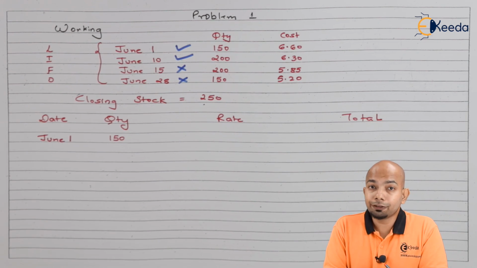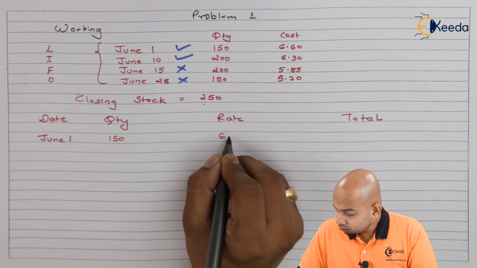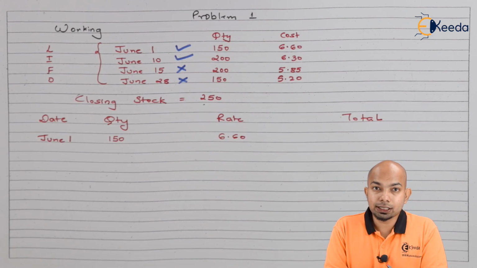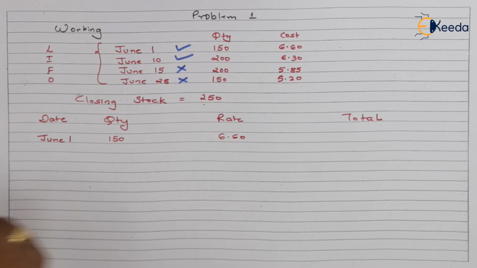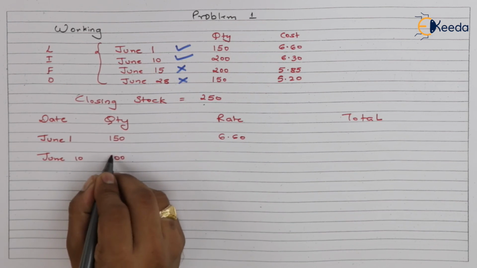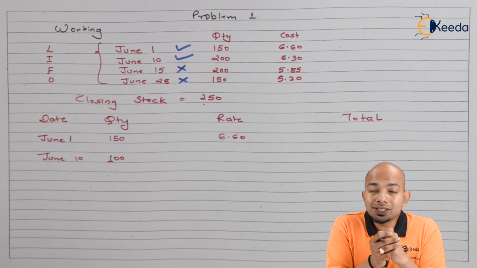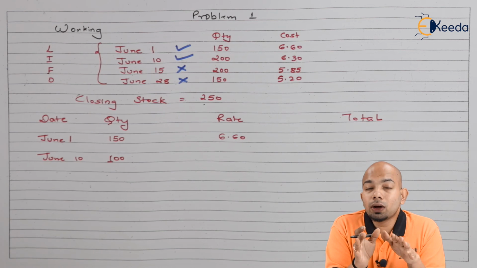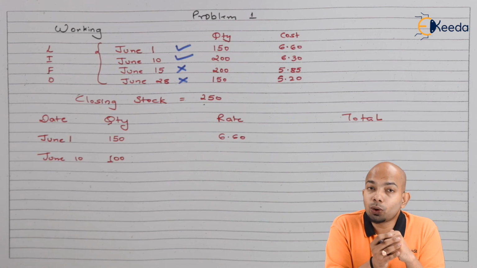On June 1, we took 150 units. The rate is 6.60. Now on June 10, we have 200 units and we require only 100 units to complete 250.